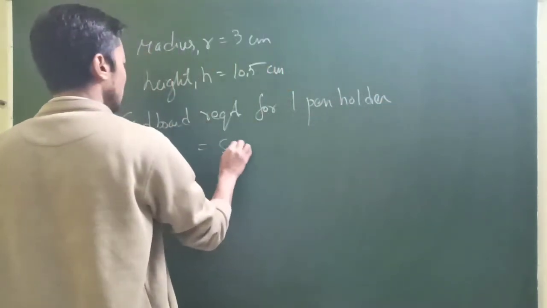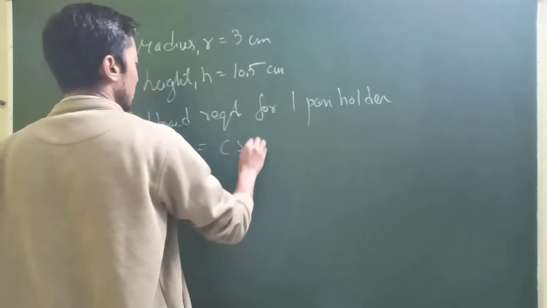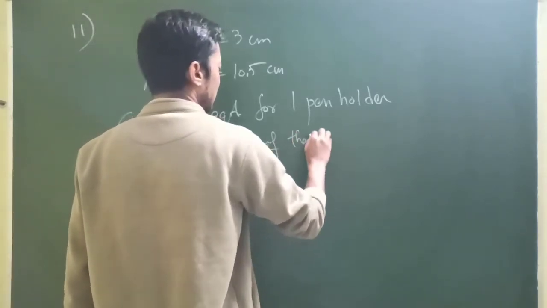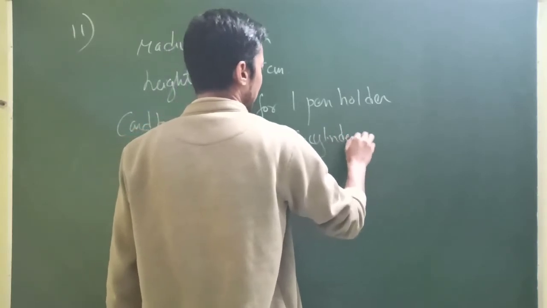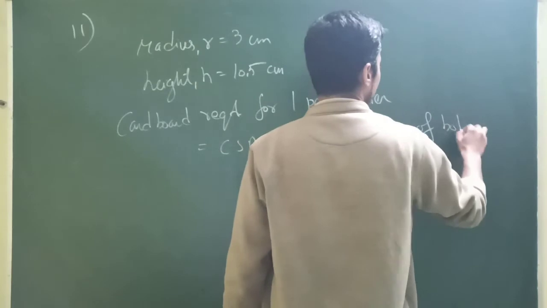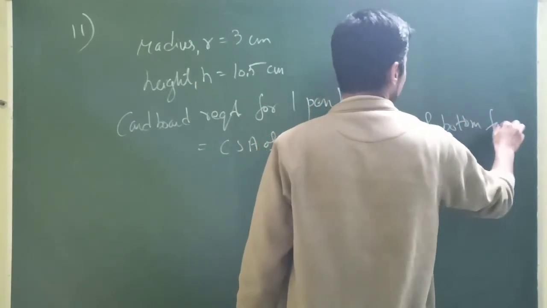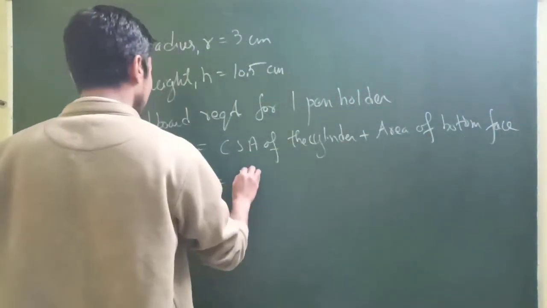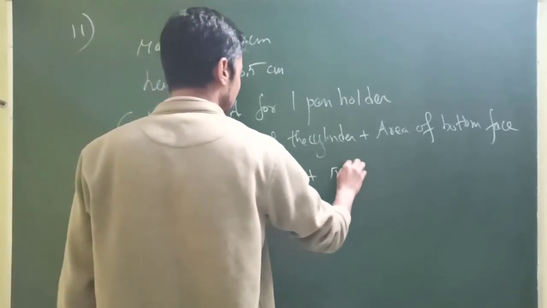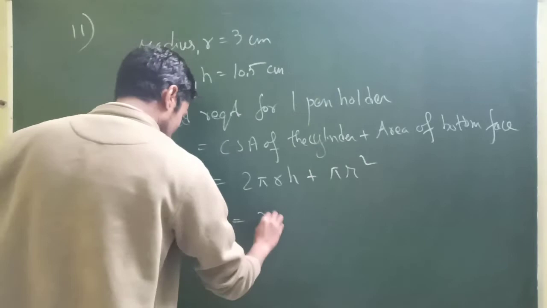So that's going to be, as I mentioned, curved surface area of the cylinder plus area of the bottom face. So curved surface area of cylinder 2 pi r h plus area of bottom surface, that's a circle, pi r square.